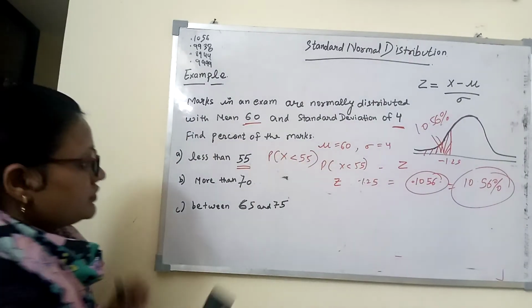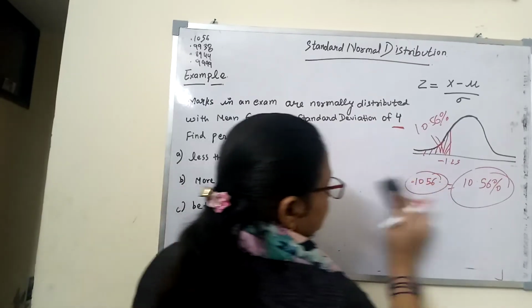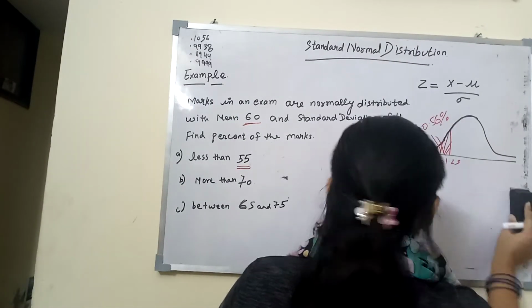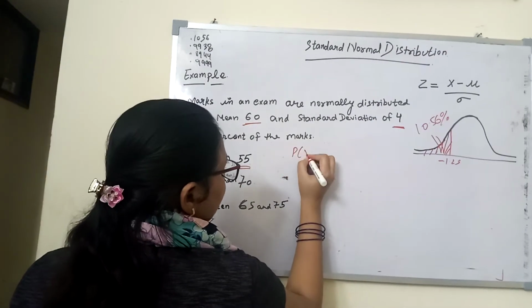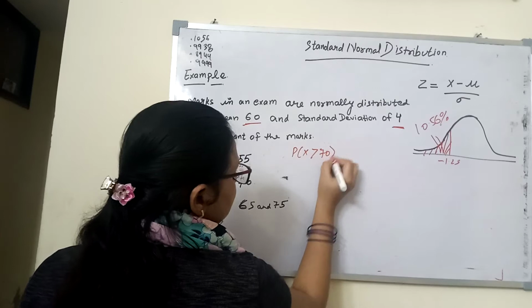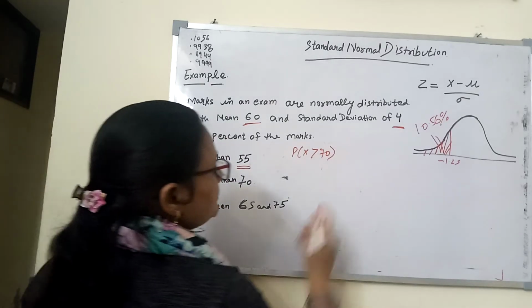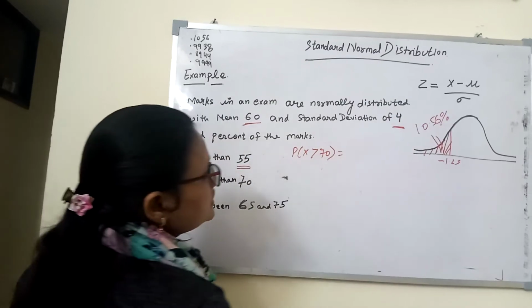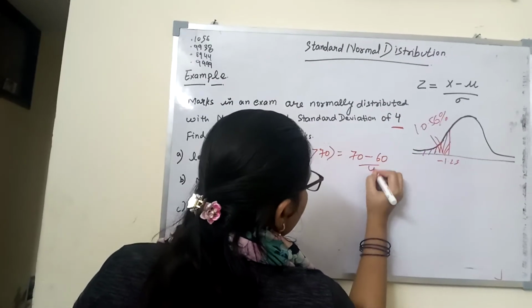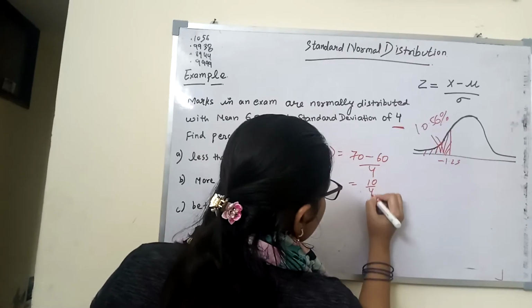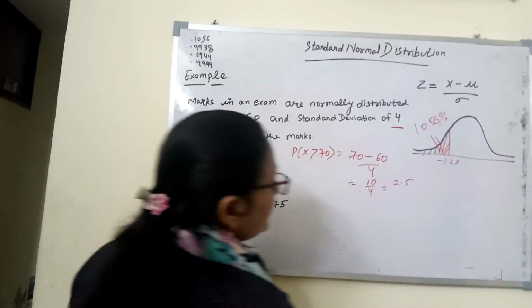Now I am going to take the second case, which is more than 70. Here we are going to calculate the probability of marks more than 70. Just repeat the same thing: substitute the values in the z score formula, 70 minus 60 divided by 4, which gives 2.5.